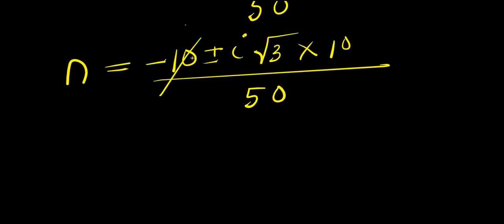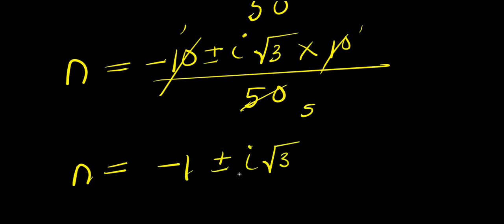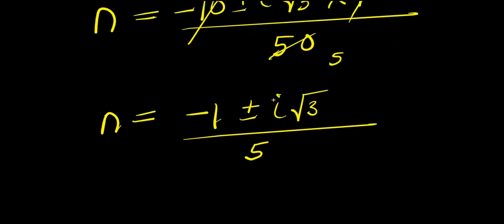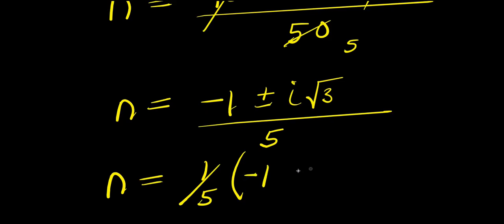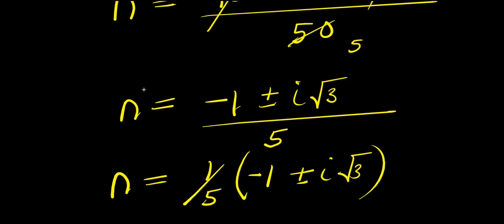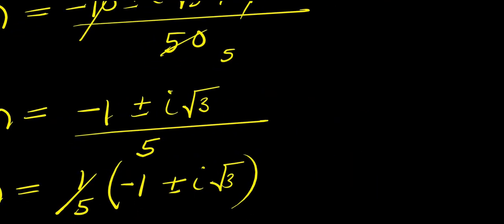And 10 divided by itself once. Divide this, we have 5. So n equals negative 1 plus or minus i times root 3 divided by 5. So we can factor out 1 over 5. This is negative 1 plus or minus i root 3. So we have two complex values right now.